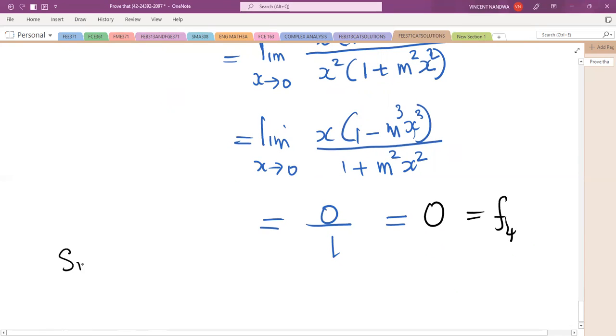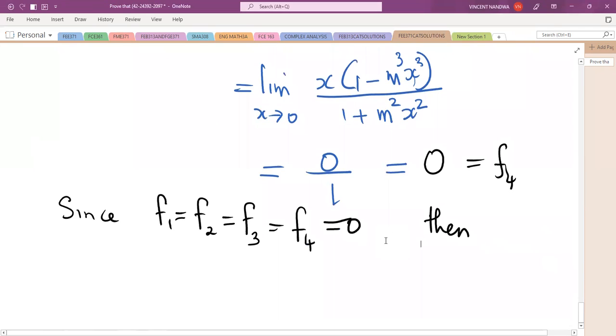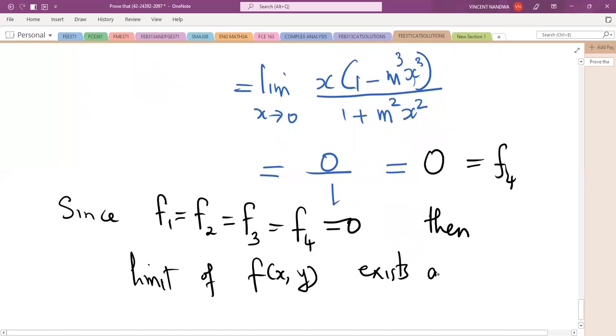Now you say since f1 equals f2 equals f3 equals f4 equals 0, then the limit of f of x, y exists and is 0.